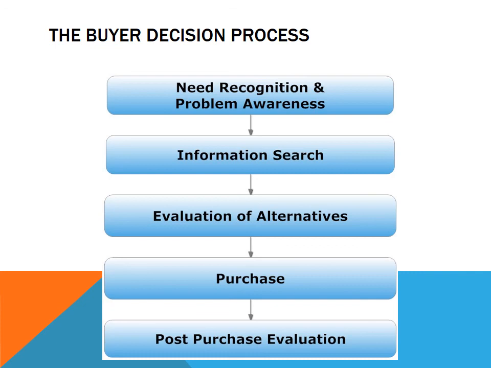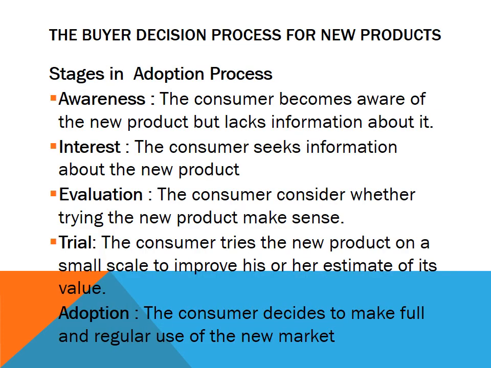That is evaluation of alternatives, and you try to consider your own financial condition. Then finally you end up buying Asus. You did the purchase, and then after you use Asus, you reconsider whether you are satisfied or dissatisfied with Asus performance.